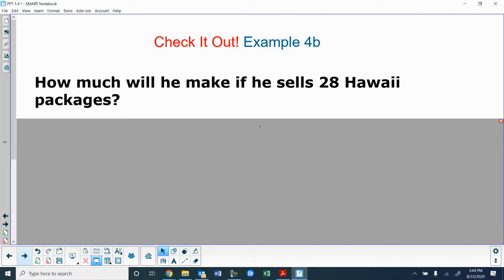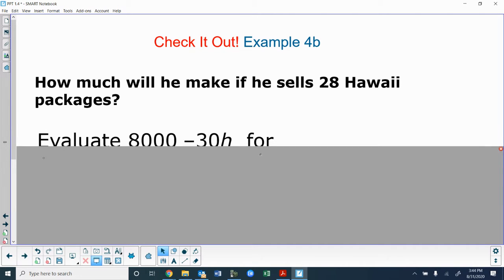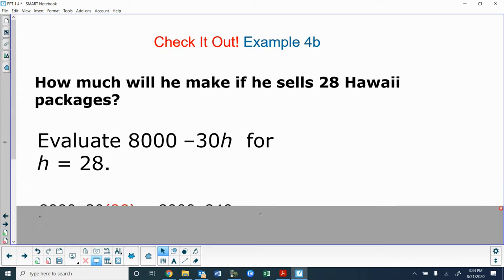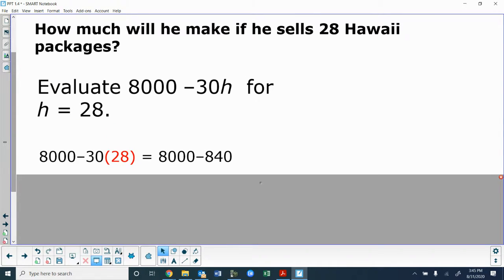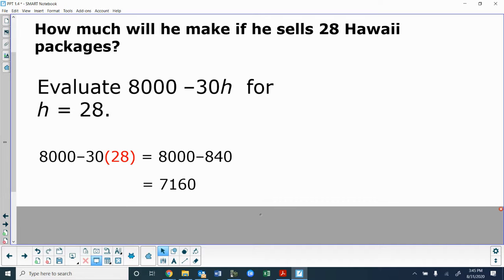So they give you a 28 for the number of Hawaii packages for H, so you plug in 28, and that's 8,000 minus 840. So he makes $7,160 if he sells 28 Hawaii packages.